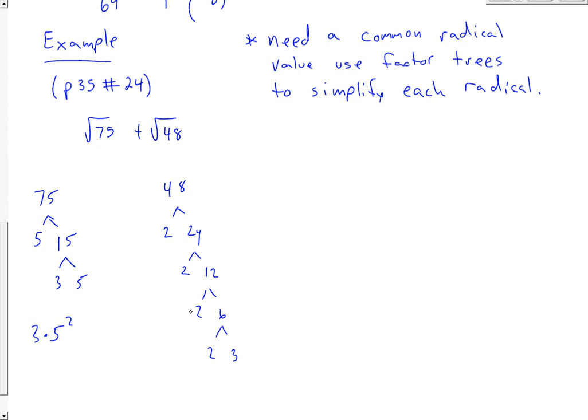So we have 2 to the 4th times 3. Okay? Well, if I rewrite that as square root of 3 times 5 squared plus square root of 3 times 2 to the 4th.